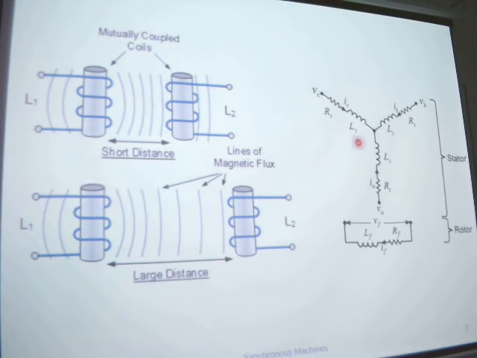So there will be mutual inductance between A and B, B and C, C and A, and between rotor and stator: rotor to A, rotor to B, rotor to C. So there are mutual inductances between all these coils, and complicated relationships between them.